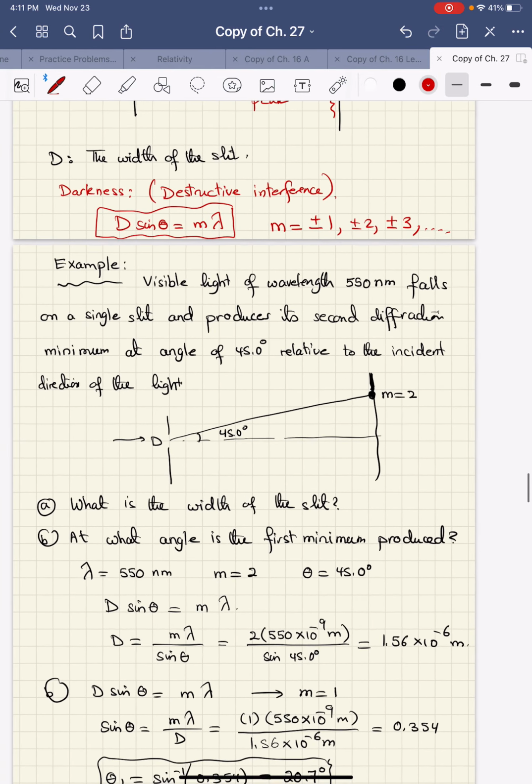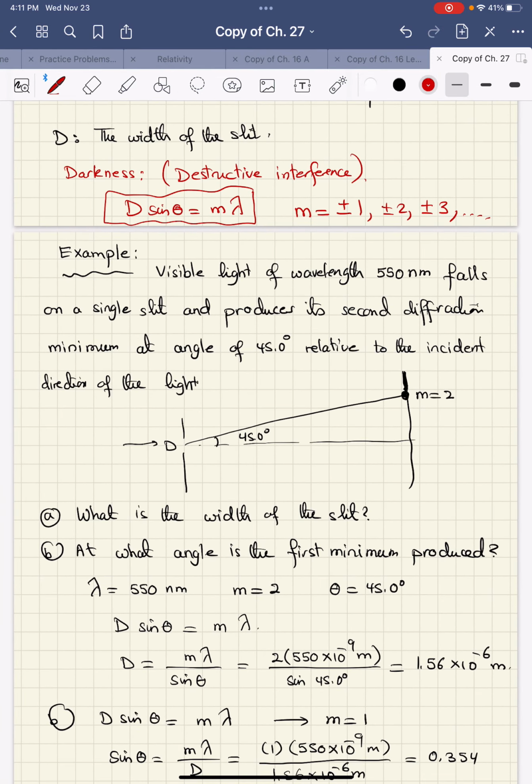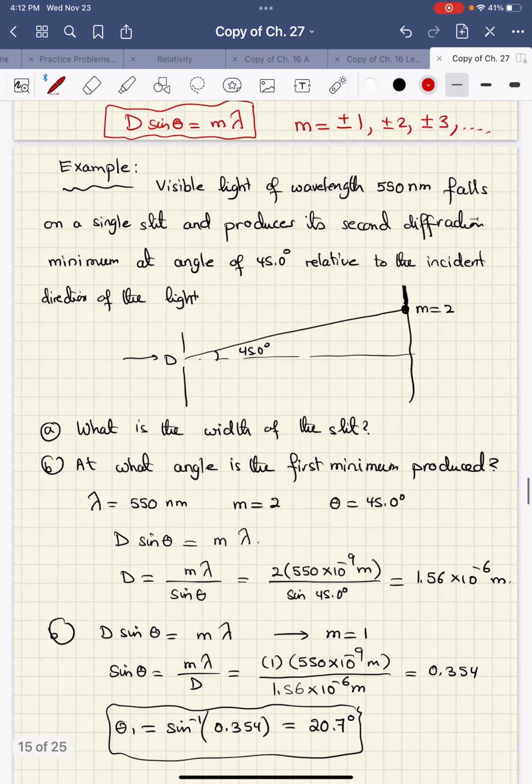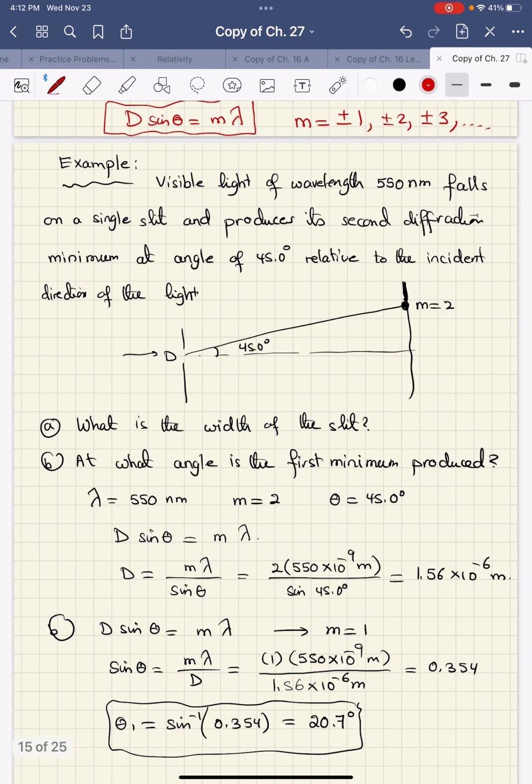Let's solve this one. Example: visible light of wavelength 550 nanometers falls on a single slit and produces its second diffraction minimum at an angle of 45 degrees relative to the incident direction of light. What is the width of the slit, and at what angle is the first minimum produced? Let's summarize the values.